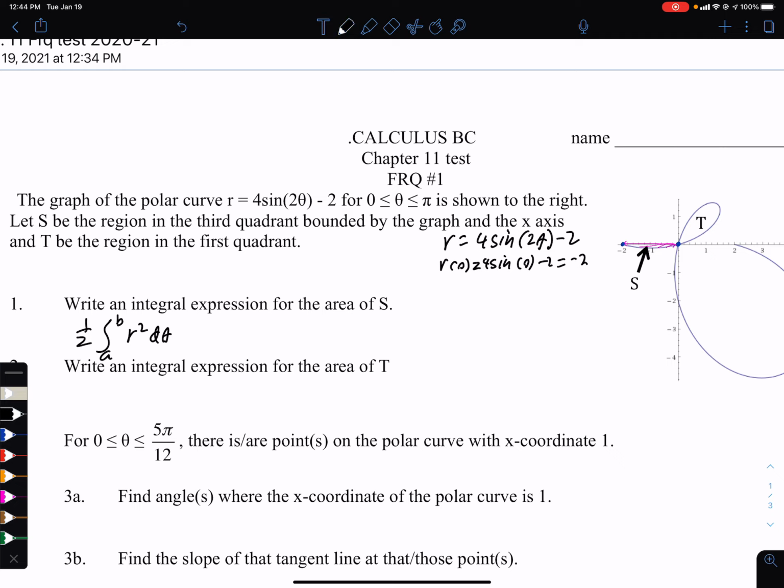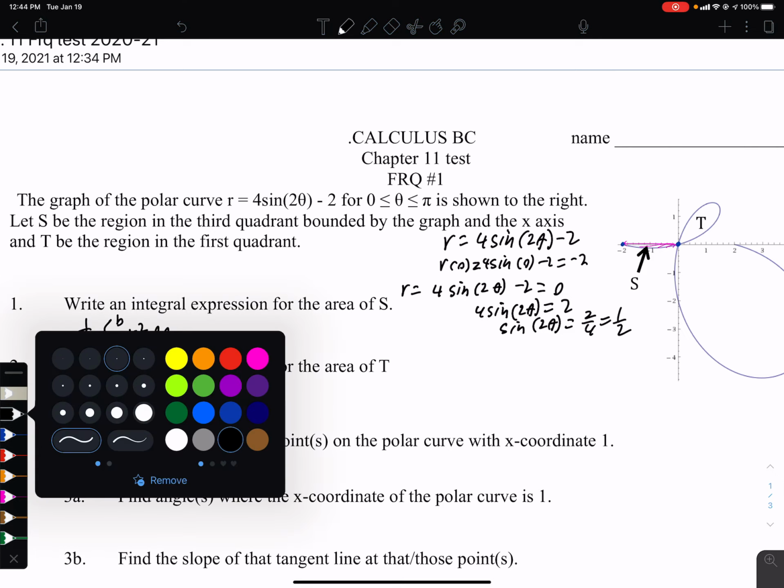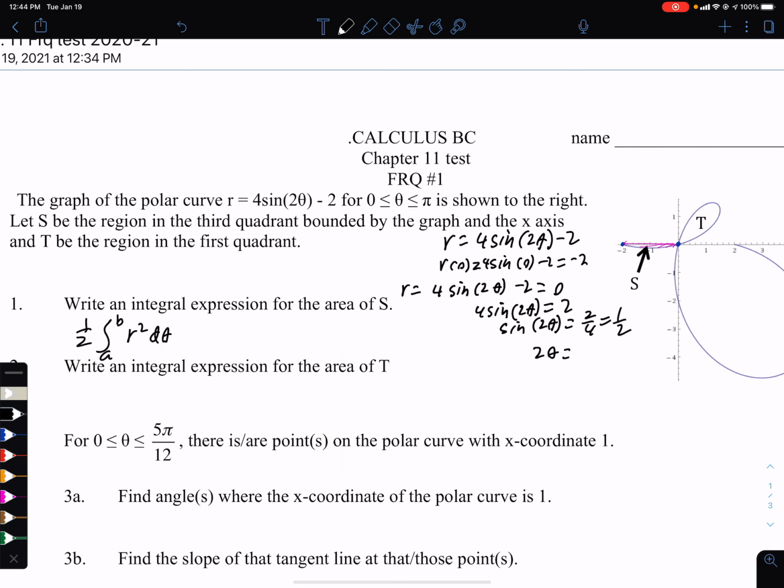So you do 4 sine 2 theta minus 2 equals 0. Add 2 to both sides. Divide both sides by 4. And you inverse sine both sides. When you inverse sine the left side, you're left with 2 theta.